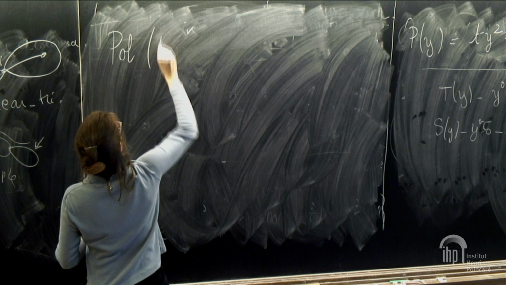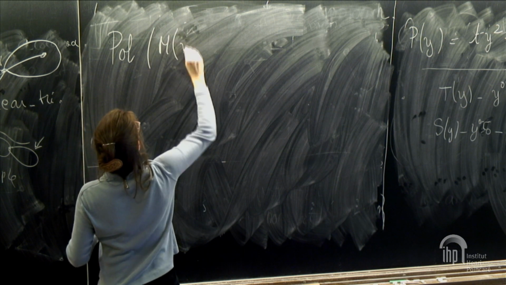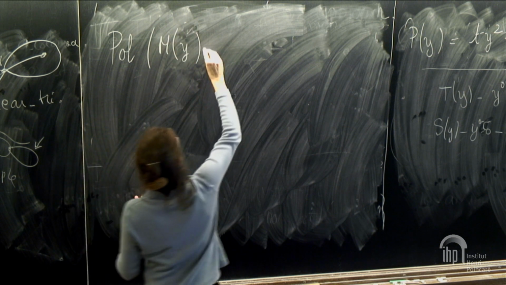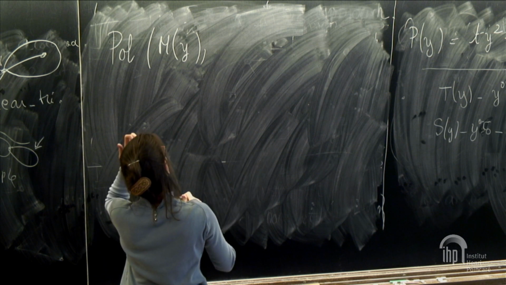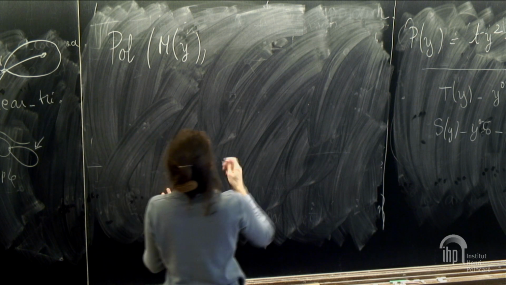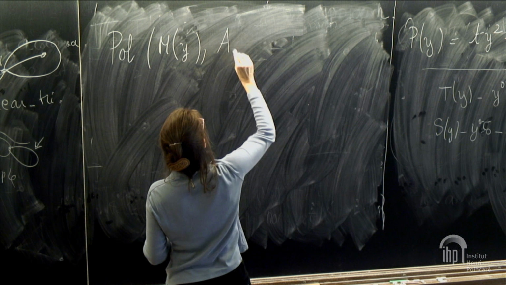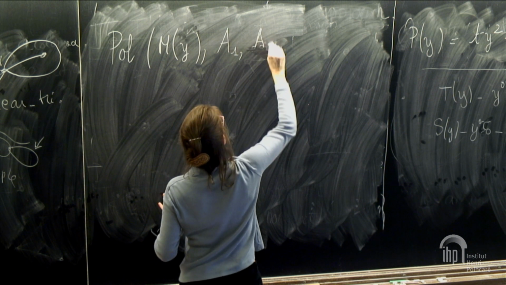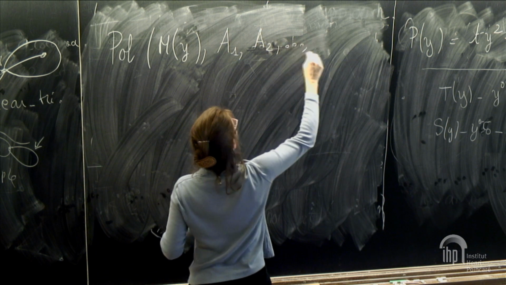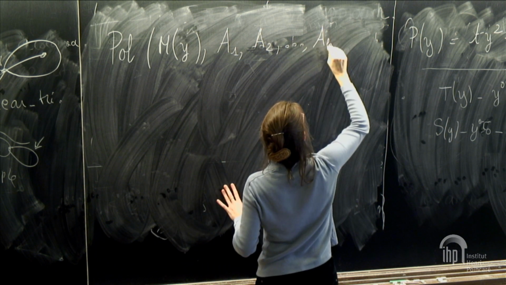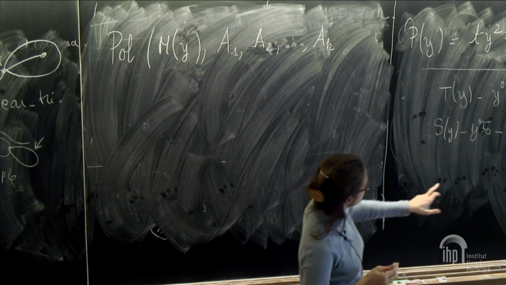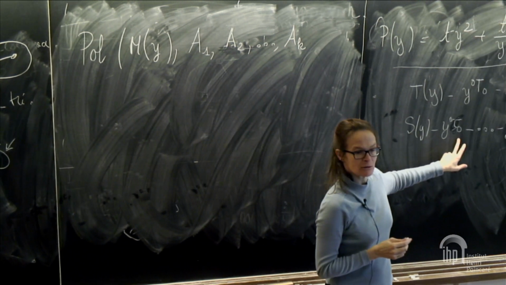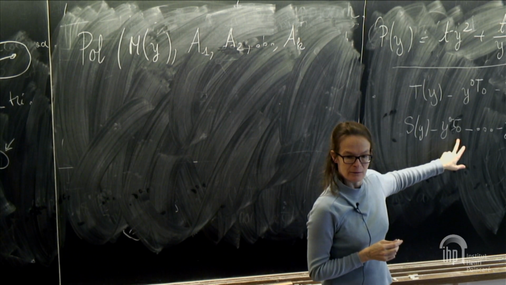So a polynomial in your series, which I call again M, but it's not necessarily the generating function of planar maps. And then you have a number, A1, A2, say AK, of auxiliary series that do not depend on Y.